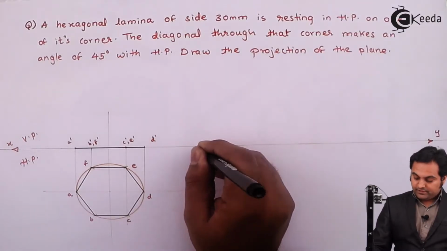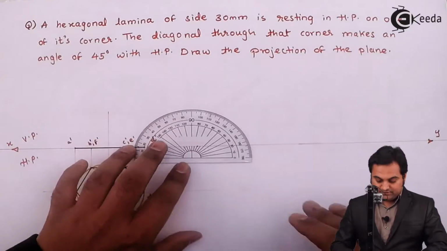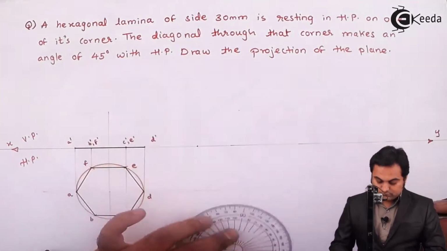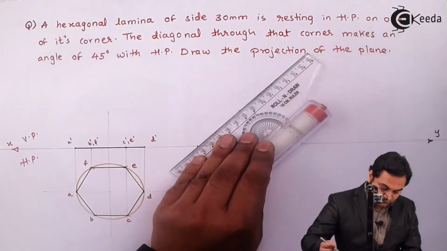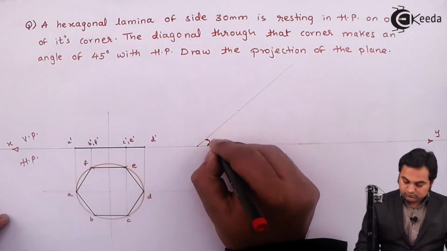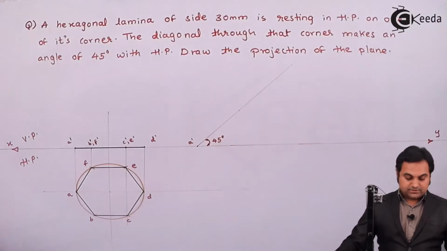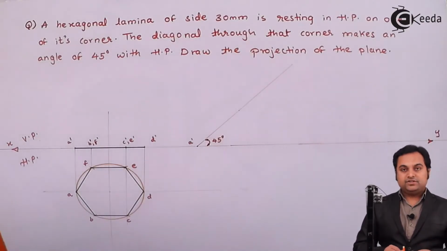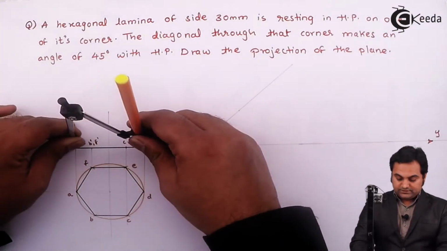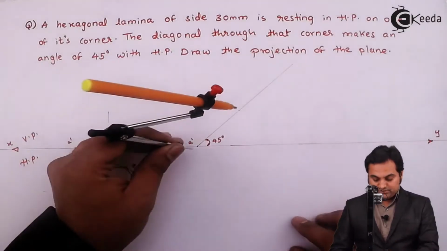For that, I am marking a point here, measuring 45 degree. This point is A dash. Then I'll measure the length of this plane from A dash to D dash. That is nothing but this diagonal which is passing through the corner A as given in the question.